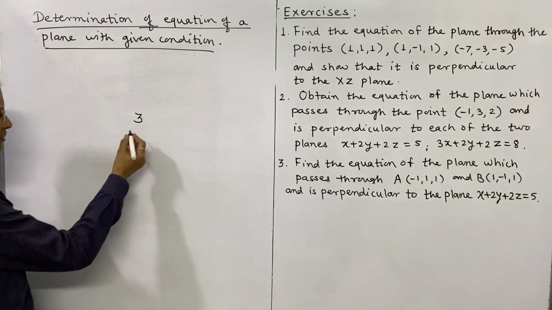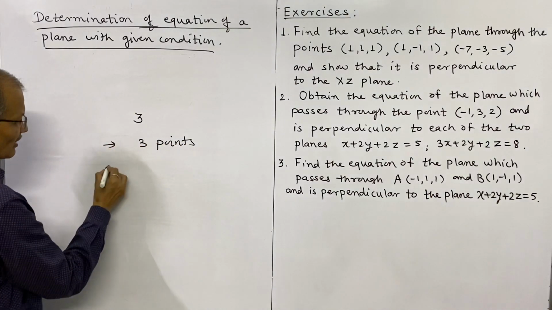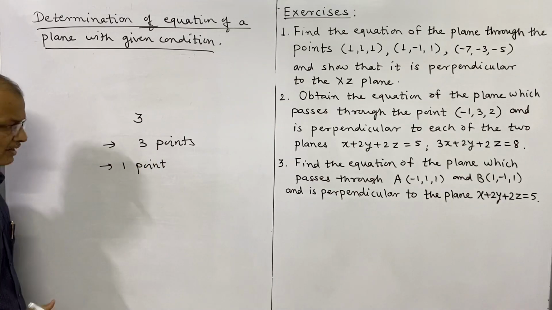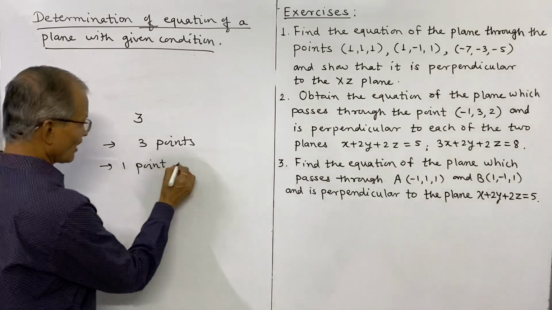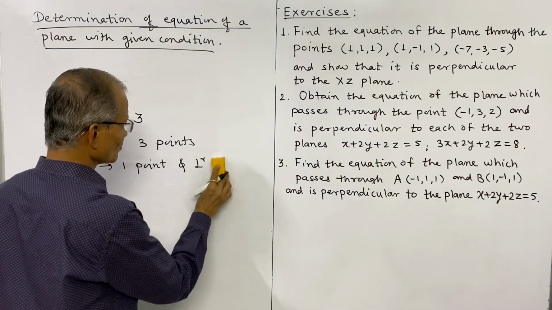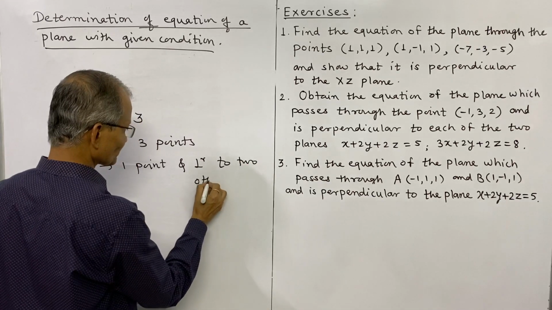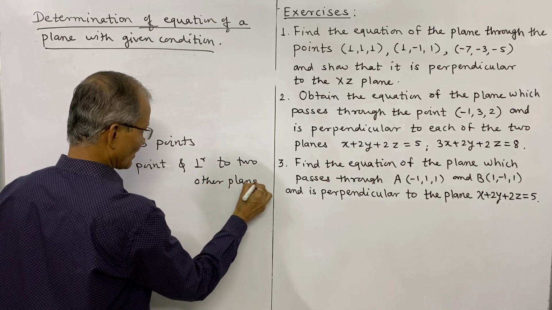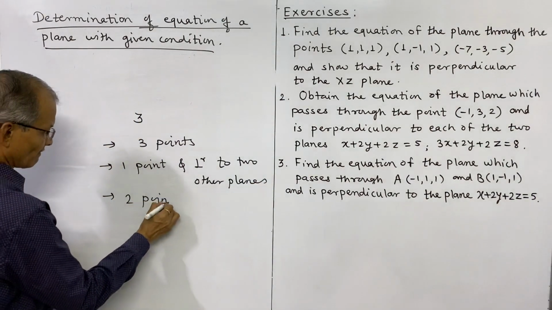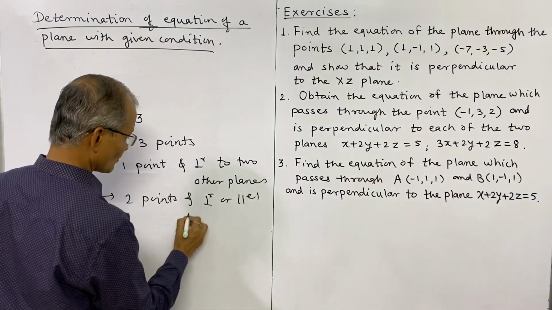3 conditions, that may be 3 points, or that may be 1 point and plane is perpendicular or parallel to 2 other planes, or that may be passing through 2 points and perpendicular or parallel to other plane.